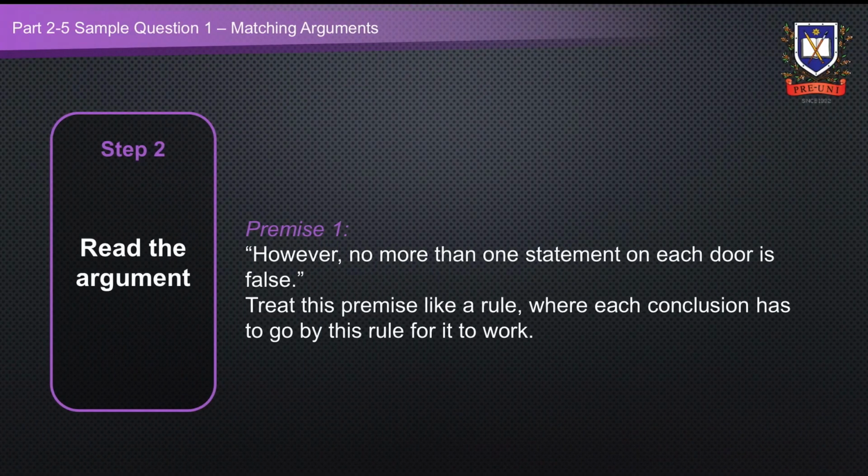The next step is to read the argument and identify the premises. The premise here is, however, no more than one statement on each door is false. Here we would have to follow the premise in order to determine which of the following statements can be concluded correctly. Think of this premise as like a rule.